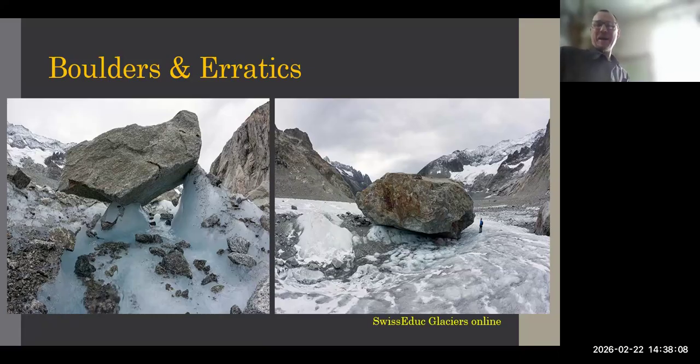Okay, so what I mean by that is a boulder can be anywhere and from anywhere, but a glacial erratic is an exotic boulder, transported usually from far away and sitting on bedrock of a completely different kind from what that boulder itself is.